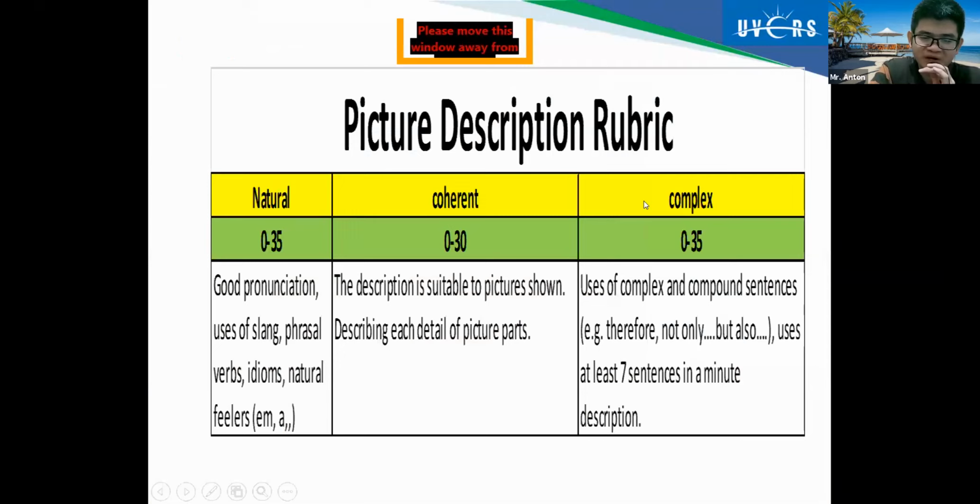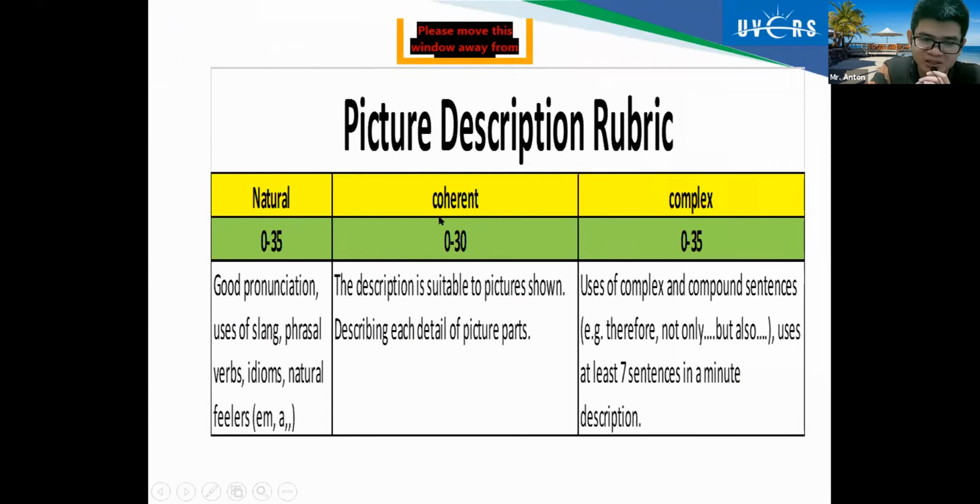And this is the rubric for you. Pay attention to the rubric I will use. First, you should speak as naturally as possible, using good pronunciation. You can use slang, phrasal verbs, idioms, and natural fillers, which is okay because you are thinking, but don't let it go on for a whole minute.